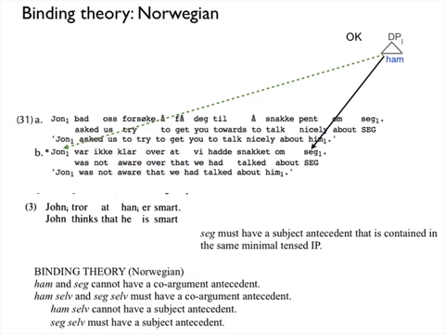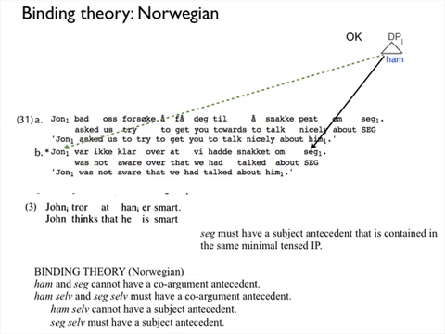It's John asked us, and then there's an embedded infinitival clause for us to try to, right, where there's a pro, to ask us, to get you to talk nicely about him. So we've got two embedded infinitives, one inside of the other, both of them serving together as the complement of asked, right? It's a control structure.